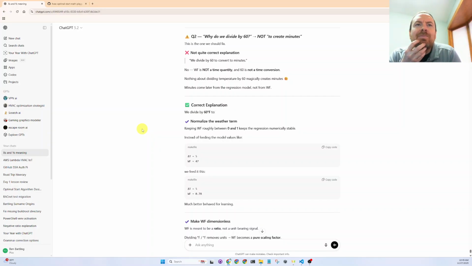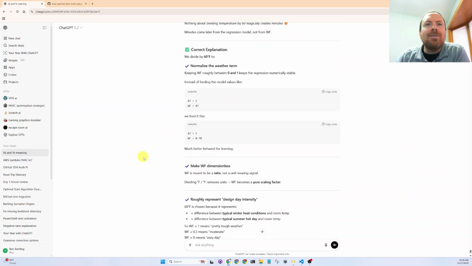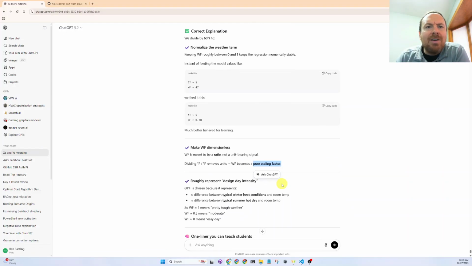So yeah, 60 is definitely a very neutral temperature. Got it. Okay, so dividing degrees Fahrenheit by degrees Fahrenheit removes the units, and then weather factor becomes a pure scaling factor. Okay, makes sense.